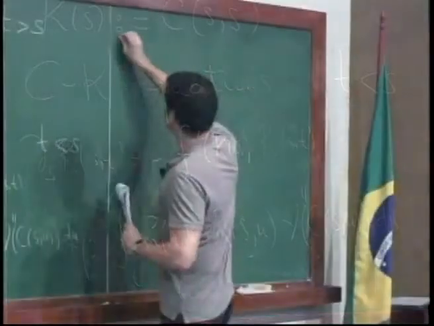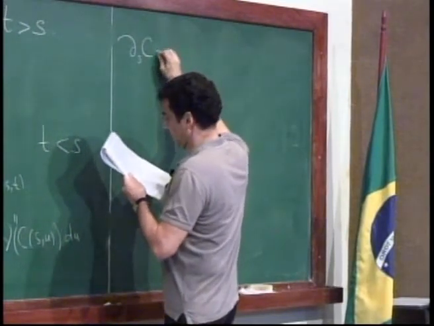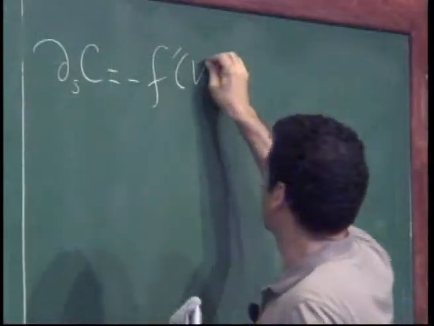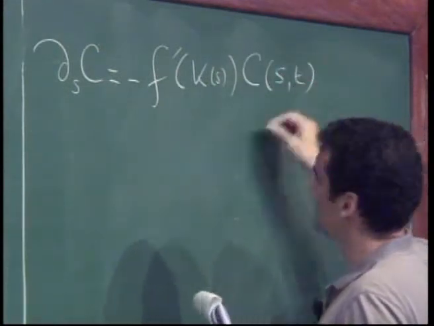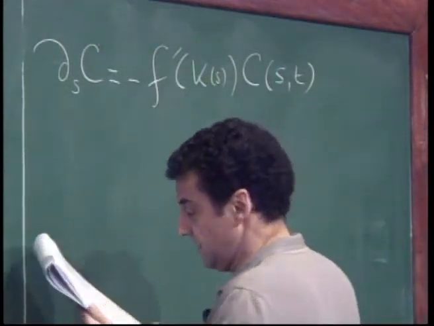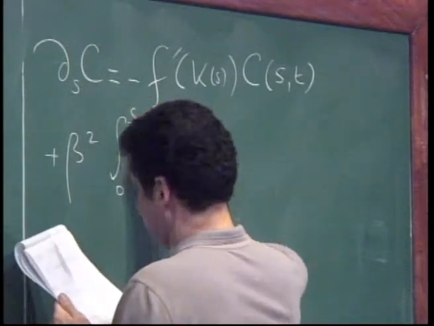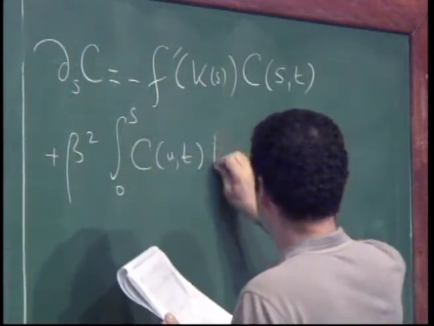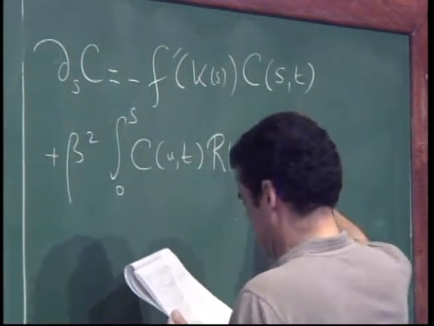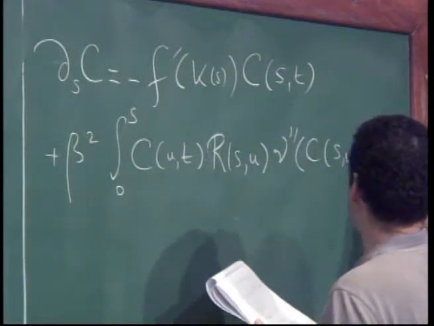Then you have an equation for C, which is dsC is minus F prime of K of S, C of S as before of ST, this is at ST. And then you have plus beta square, the integral from 0 to S of CUT, CRSU, nu second of CSU du, the same nu second.